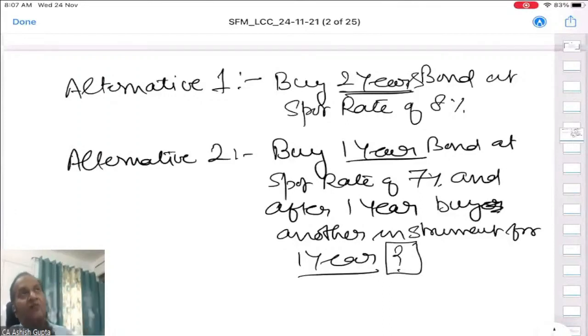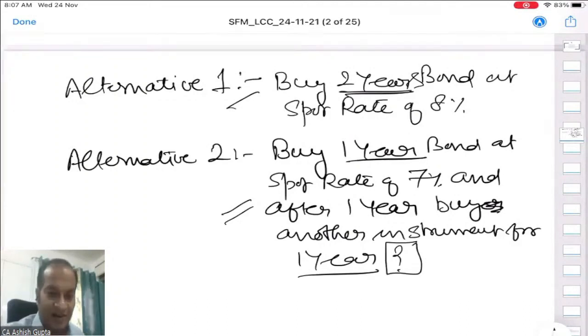After 1 year, what will be the rate of this instrument for the 1 year when we shall be indifferent, either we go for this or we go for this option? Of course, we shall see which option we have to go for, but we want to compute that rate. At least I should get this much of a rate so that I am indifferent between both alternatives.